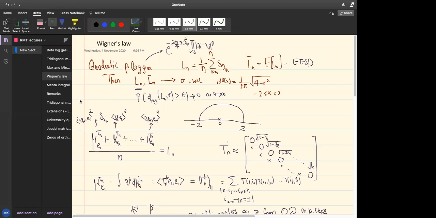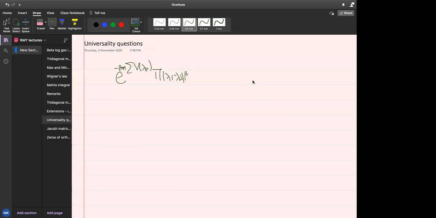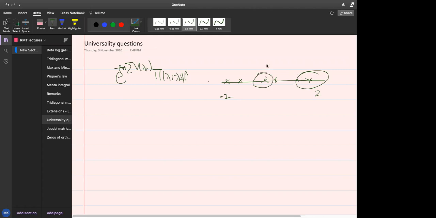So for example, the maximum eigenvalue. So if you look at the particles, let's say you go from -2 to 2 here. You can look at the edge, or you can look in the bulk somewhere.